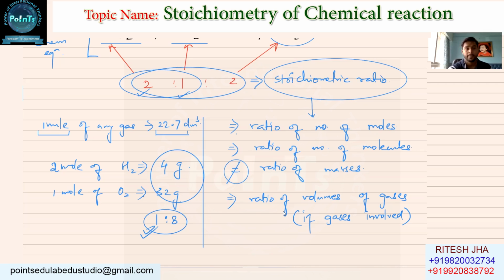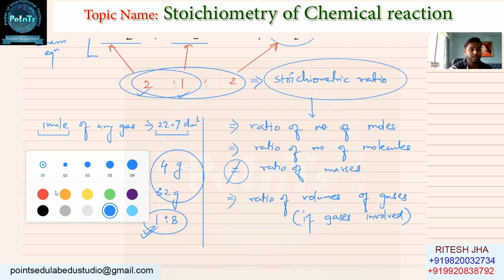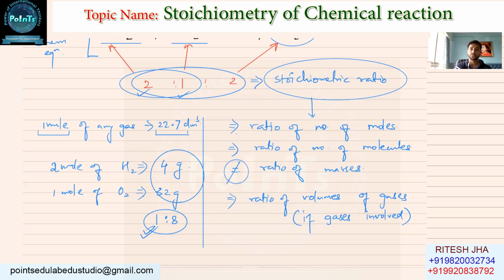So remember, by default, you should use just one of them, and that is the ratio of number of moles. It is always true. Hardly do we use the ratio of number of molecules, it is not very much required. Hardly do we use the volume of gases.